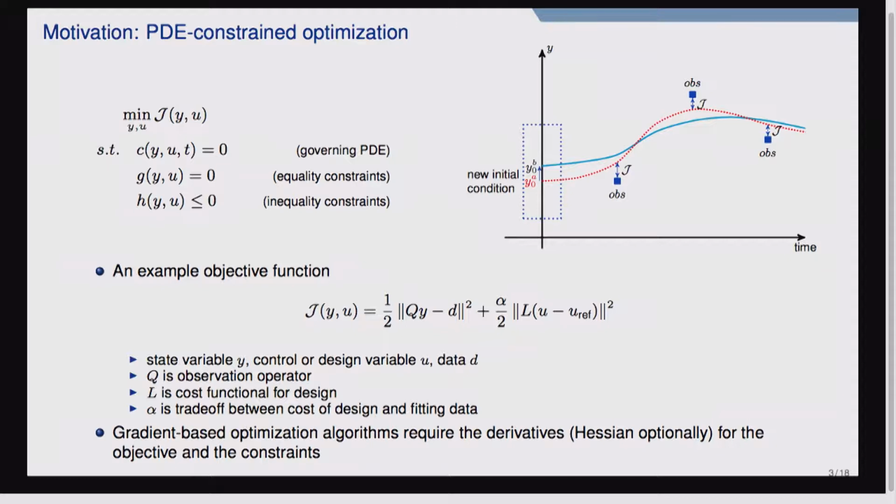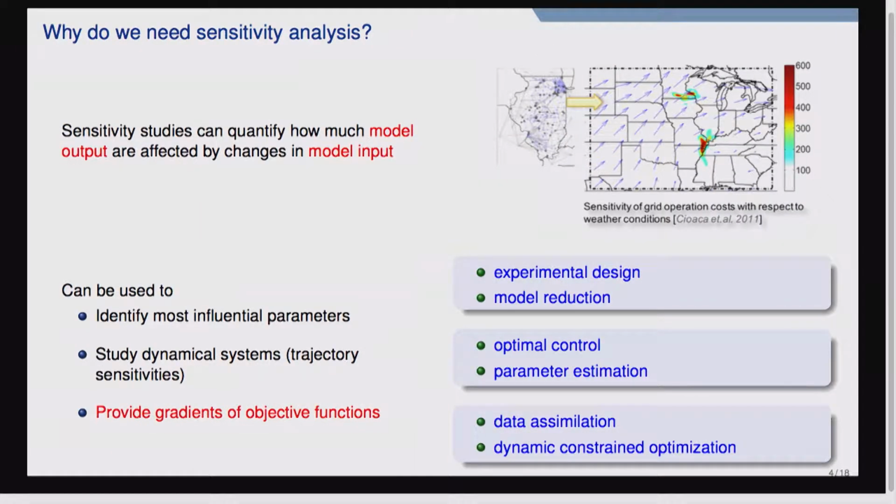So for such problems, gradient-based optimization algorithms are usually used. These algorithms require first-order derivatives, sometimes second-order derivatives, to solve these problems efficiently. So this really motivates our interest in sensitivity analysis. Generally speaking, sensitivity analysis can quantify how much model output is affected by changes in the model input.